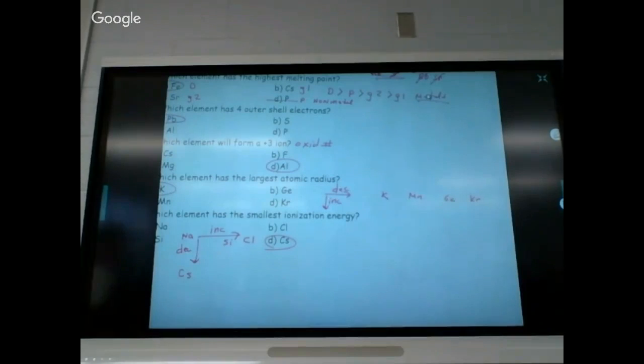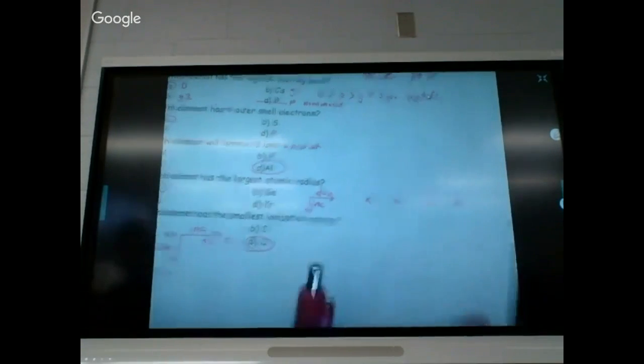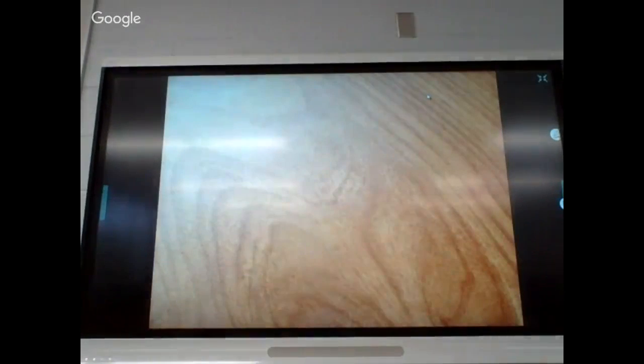Yep. Think we can play some flickers? We can attempt. We can attempt. Okay. All right. Let's see if we can do this. Grab the flicker cards and my iPad. Same number as last time. Yeah, your numbers will not change, but I'll pull them back up in case you forgot.